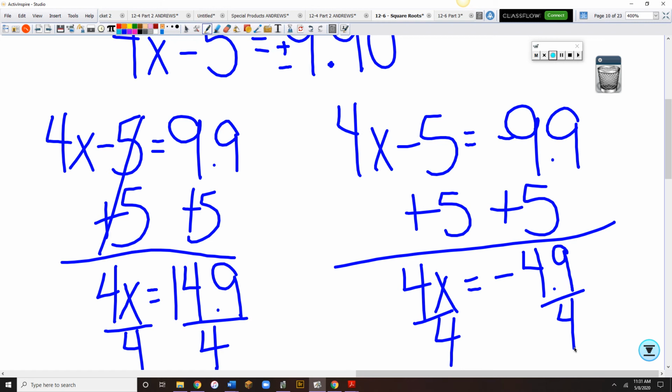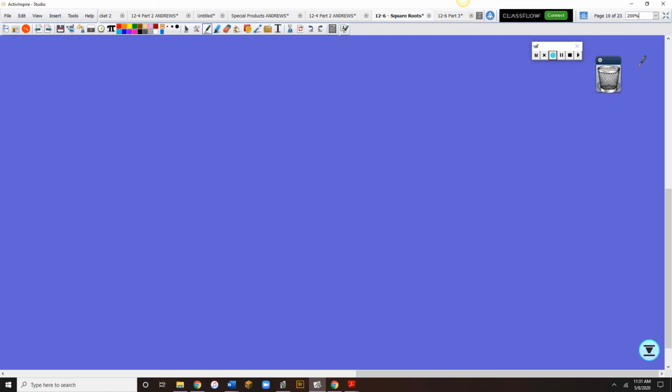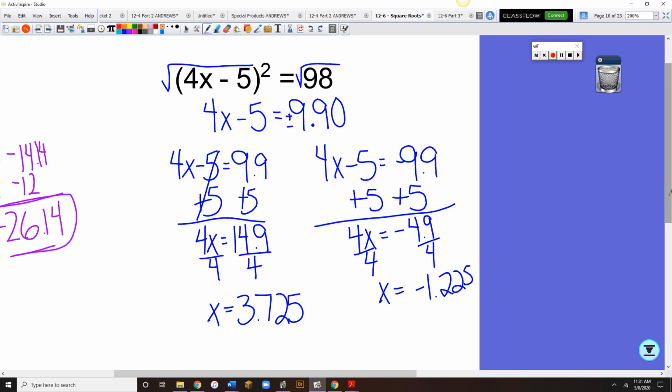Divide both sides by 4. Negative 1.225. Okay, so let's look at that one all together.